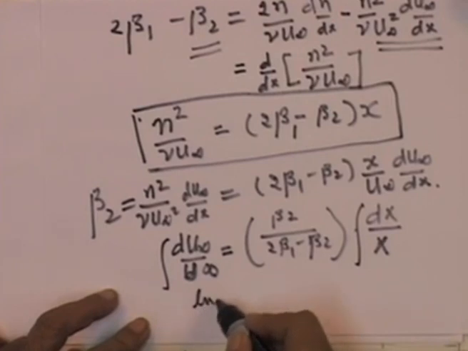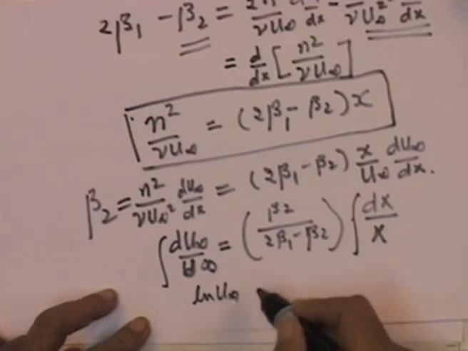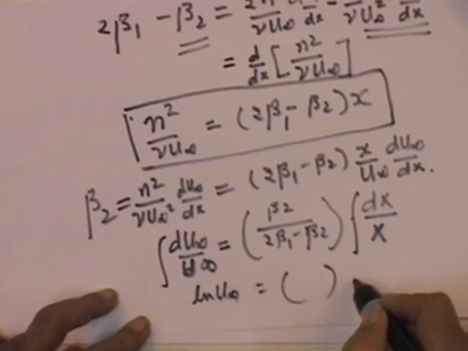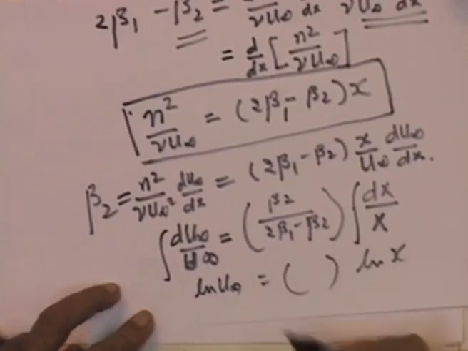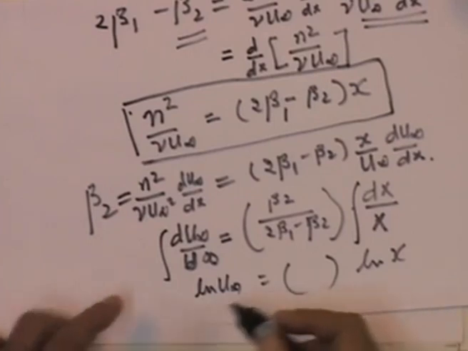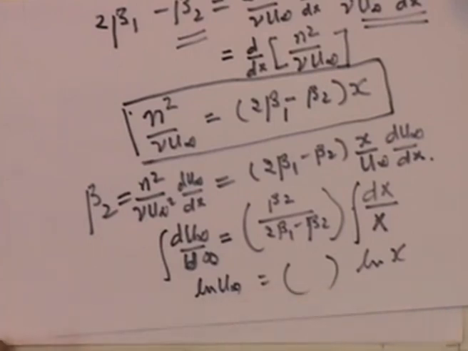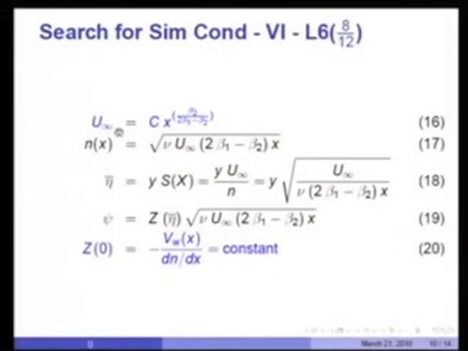So, u infinity would be constant times c x raised to beta 2 over 2 beta 1 minus beta 2.